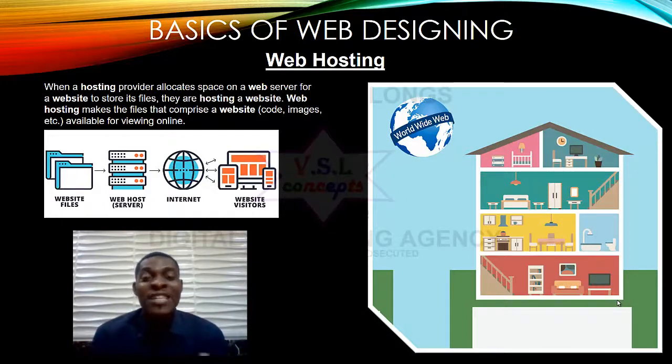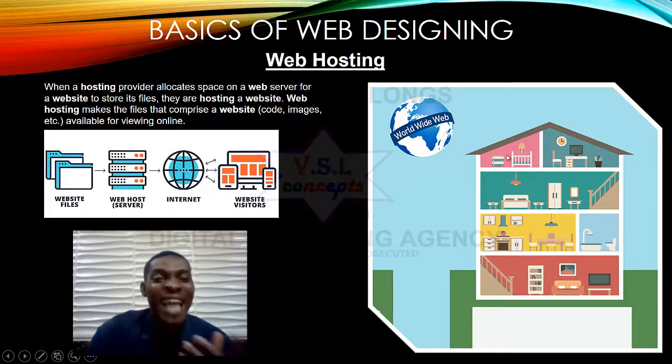So a plot of land is just that house, as it were, in the World Wide Web, as you can see here, that house where all your files will be saved, all your text will be saved, all your videos will be saved. So if someone should now click on your domain name, automatically the person will do what? Have access to your what? The files you have saved.